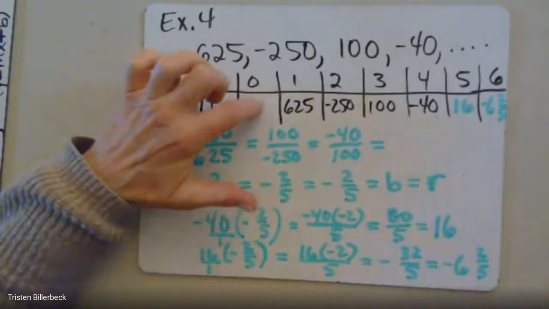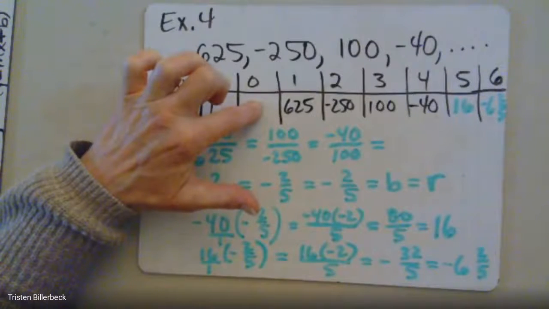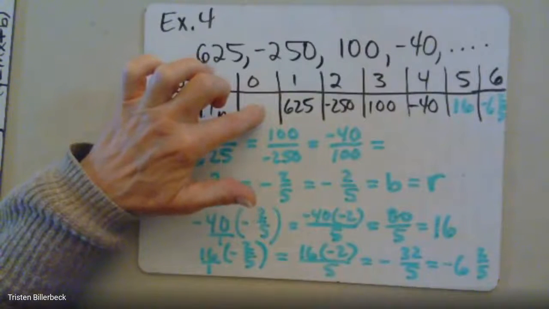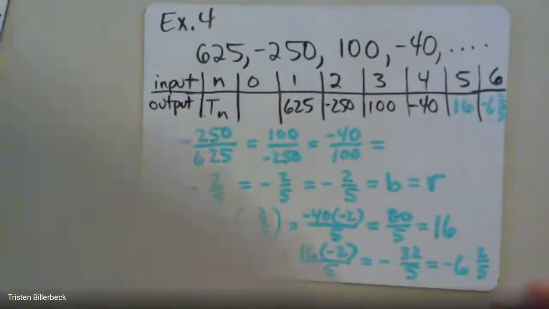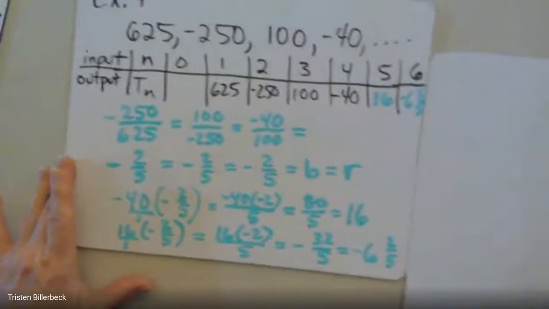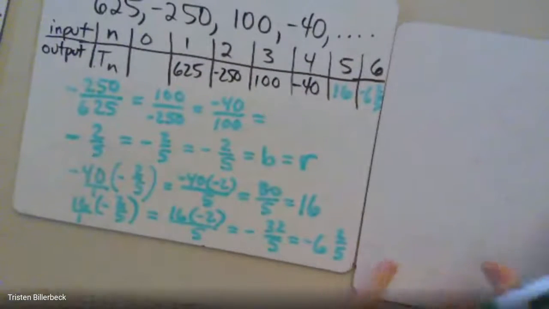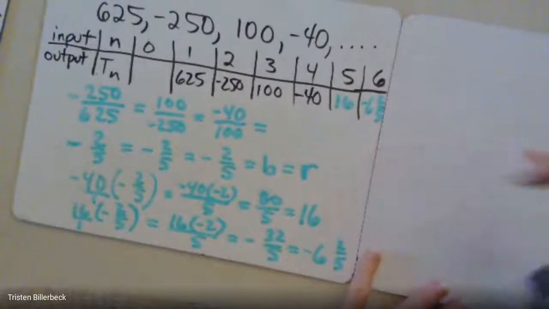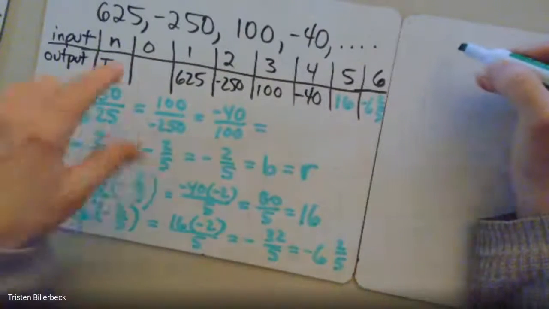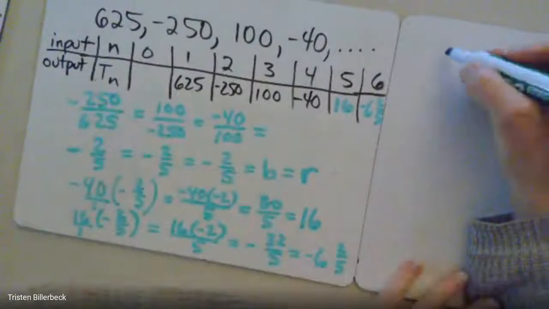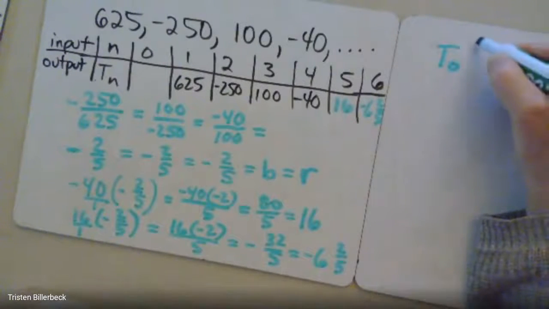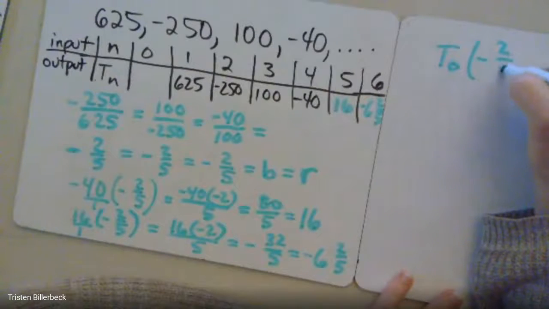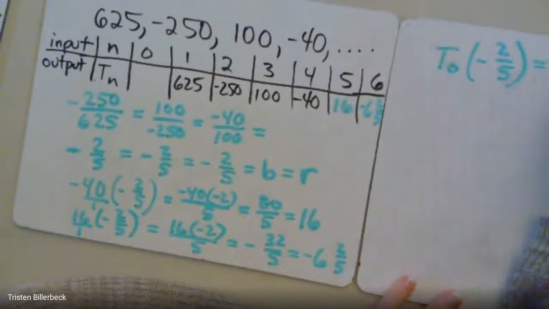Now to find this one, we would have to actually do the reciprocal. Do you remember what a reciprocal is? Well, let's take a look at that one. Okay, so now if you remember, to get this, we would have had some number, so we'll say t to the n times negative 2/5 equals 625.